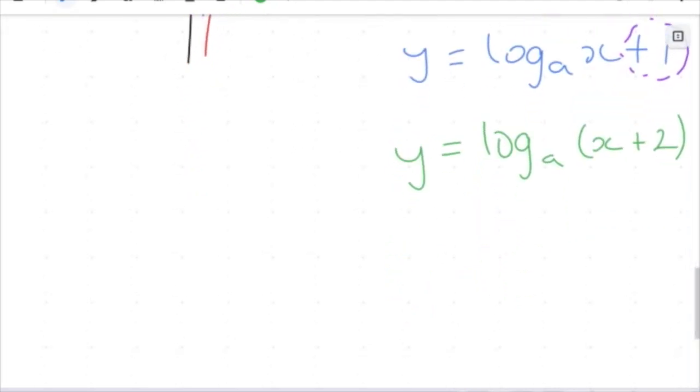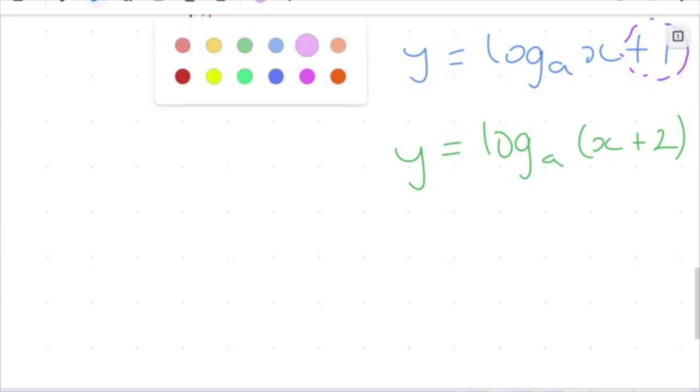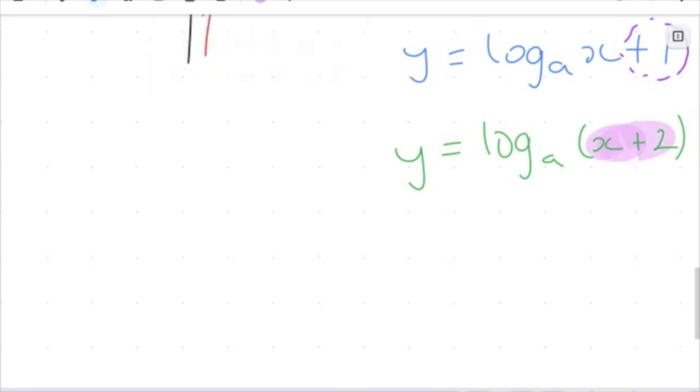Now, what do we remember from when our transformation, our number getting added or subtracted, is attached to my x inside the bracket?